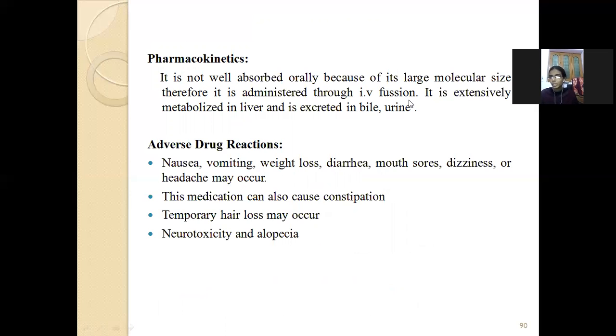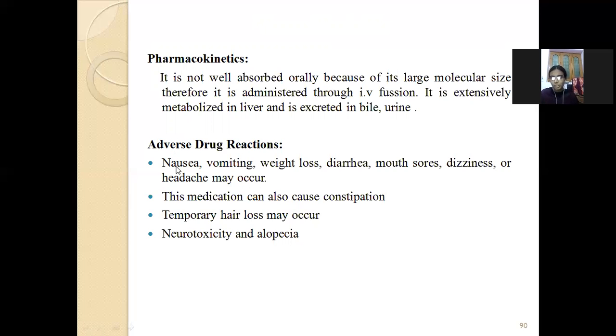It is metabolized in the liver and excreted through bile and urine.